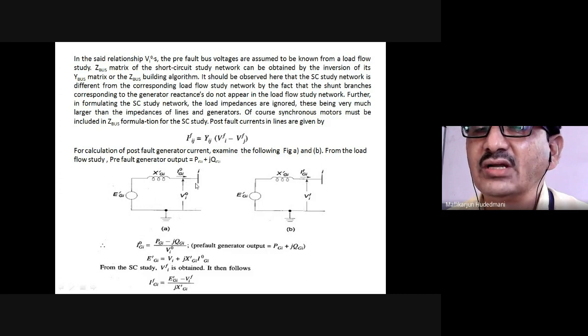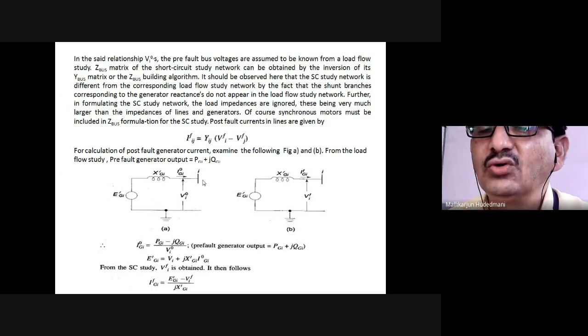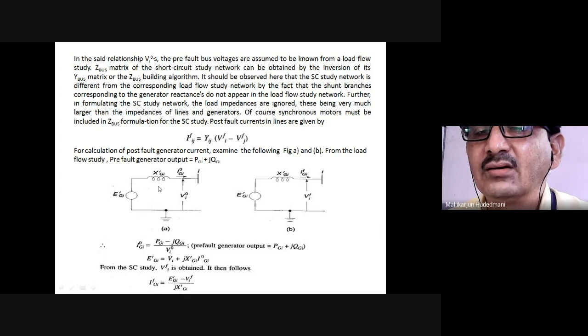The potential maintained at the ith bus is Vi0. Pre-fault means during normal operation, Vi0 was the voltage noticed at the ith bus, and that whole mechanism is represented by an equivalent voltage source and a reactance in series, which is the subtransient reactance X'Gi, with the internal voltage E'Gi. So this is how we can do it.